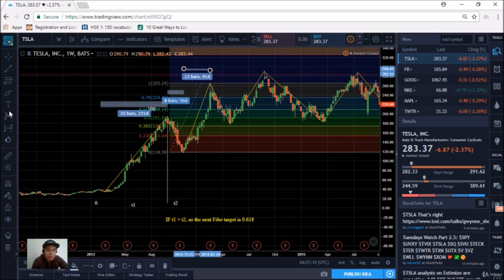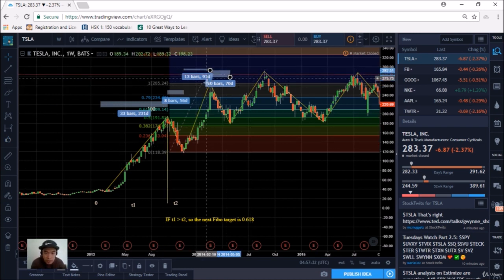Sometimes if you don't have this function to calculate your bars or candles, you have to do it manually to see how many candles there are.